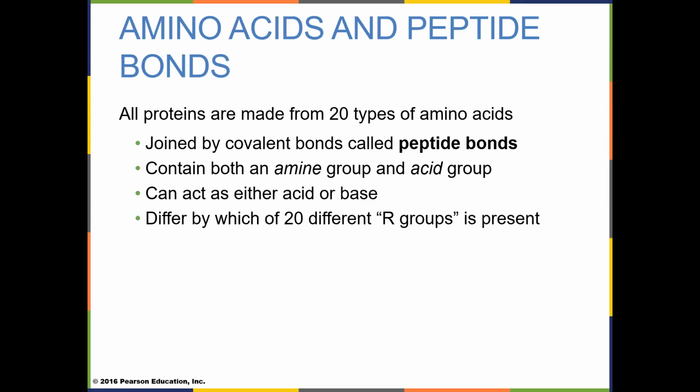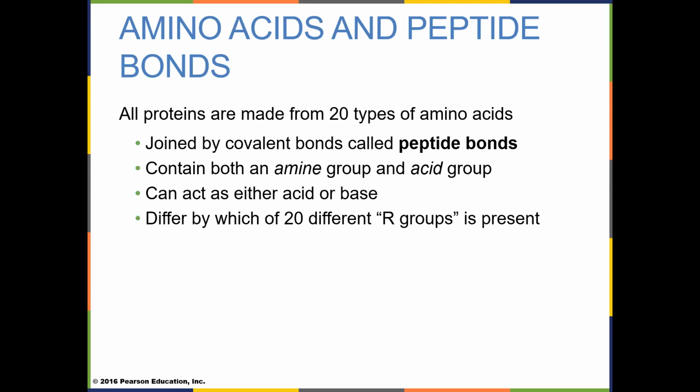There are only 20 amino acids. And the peptide bonds are just ordinary covalent bonds. But even though there's only 20 amino acids, we can make a protein of any length by repeating the use of the same amino acid over and over again.